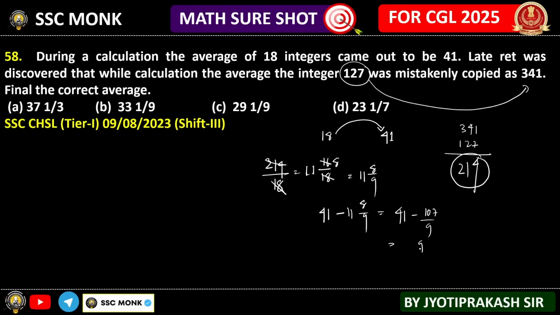This can be written as 9 fours are 36, minus 107 by 9, which is 2 by 9, and 9 nines are 81, 1 by 9. So what is the new average? 29 1 by 9 is the correct average.